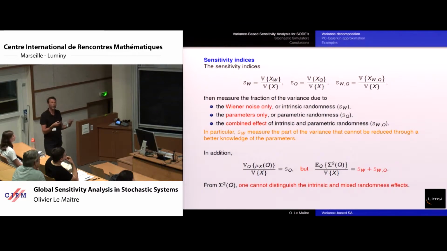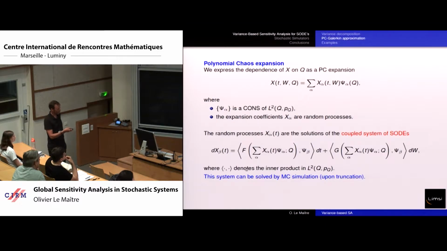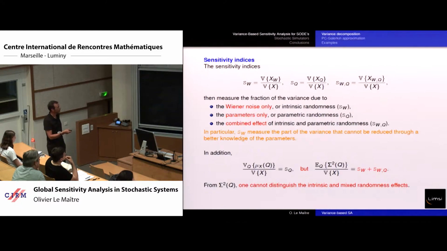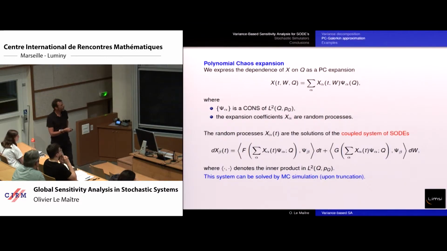Okay, we have a finer analysis. In particular, if you discover that SW is really large and dominant compared to the other terms, there is very little chance that you can learn your parameter by observation. So this is an important conclusion that you can draw.